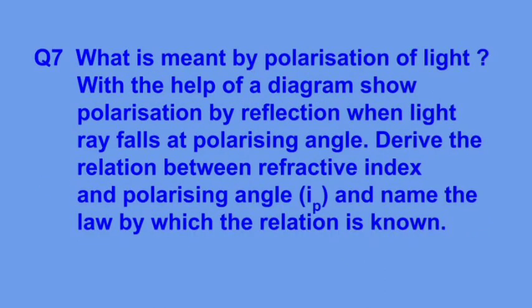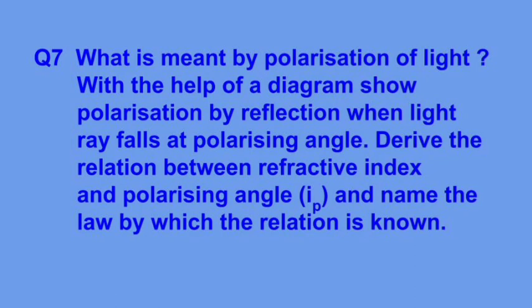Question number 7 covers polarization of light, and the question is, what is meant by polarization of light? With the help of a diagram, show polarization by reflection when light ray falls at polarizing angle. Derive the relation between refractive index mu and polarizing angle IP and name the law by which this relation is known.